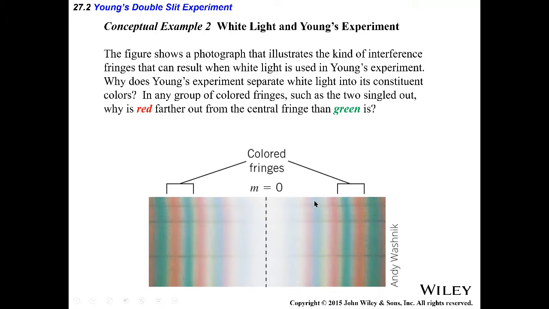And then there's this red and green, and then red and green. But down here, it's getting more blurred because there are more different colors mixed up here. So this says that if you look at it carefully, you'll find that the red bright fringe is further away than the green bright fringe. Okay? Are you comfortable with this?